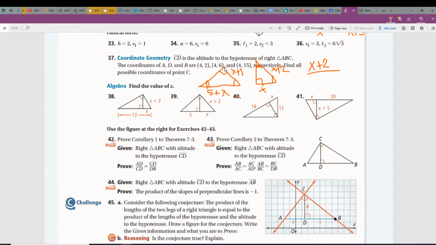Then the hypotenuse in this triangle is x plus 5. Is equal to, we can take the right angle and the one tick, which is x. So right angle, one tick. So this is x plus 1.